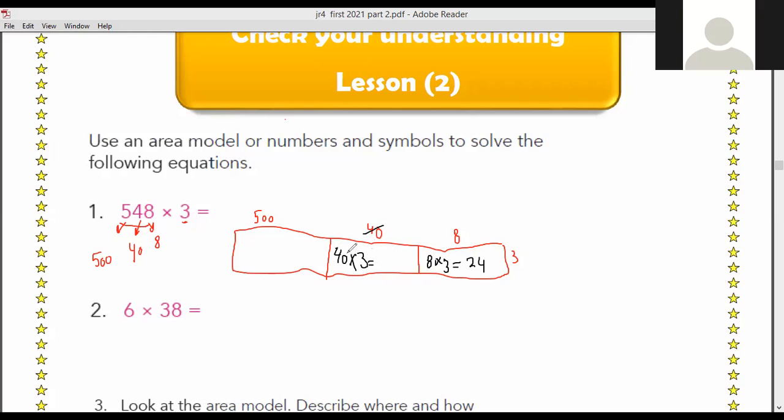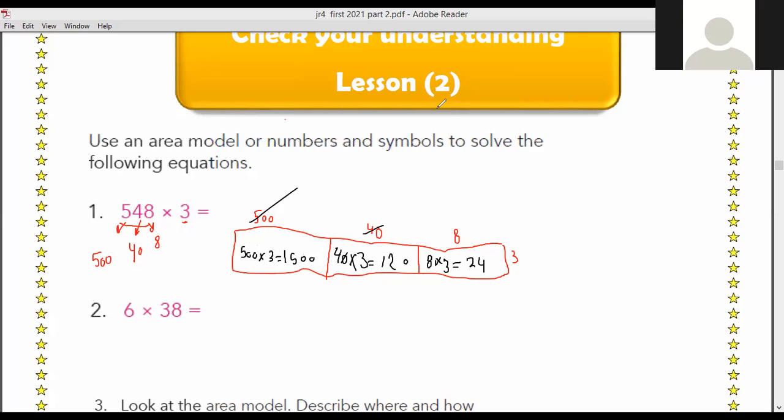So the answer: this 0 will be out, and 3 times 4 equals 12. The third one will be this 500 times 3. So I'm gonna make these 2 zeros out and make 5 times 3 equals 15.